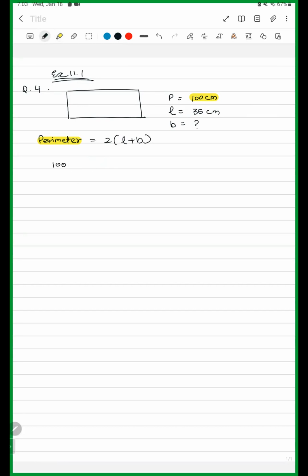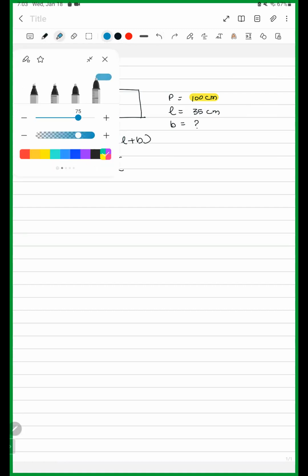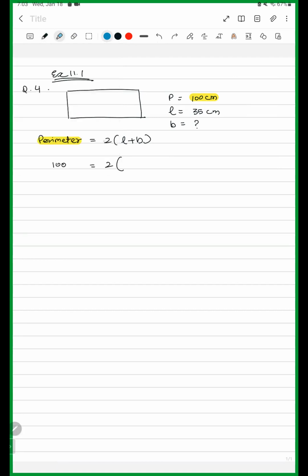Then 2 multiplied by, do you know what L is? Yeah, it is 35. Very good. So it is 35 plus B.